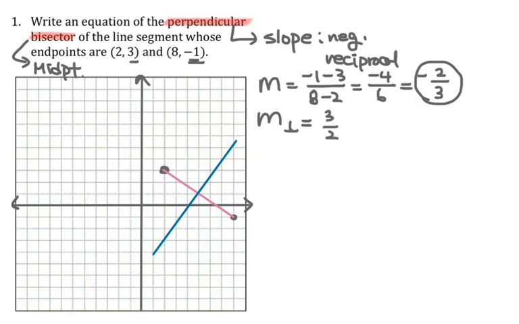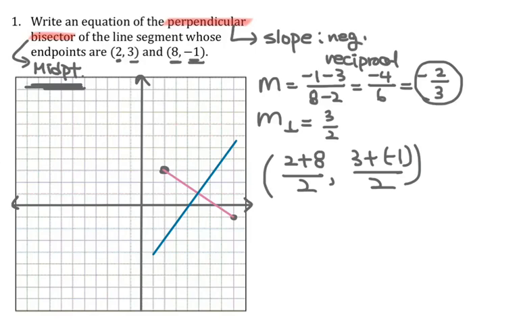Now, how about the bisector concept? So we're going to get the midpoint between those two. We add up the x values, then we get 2 plus 8 divided by 2, and then 3 plus negative 1 divided by 2.